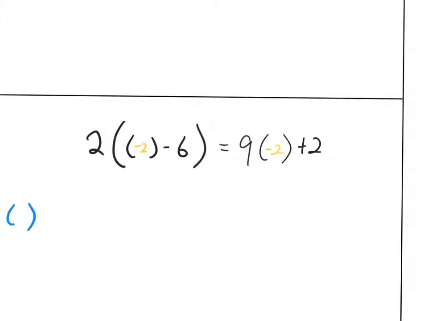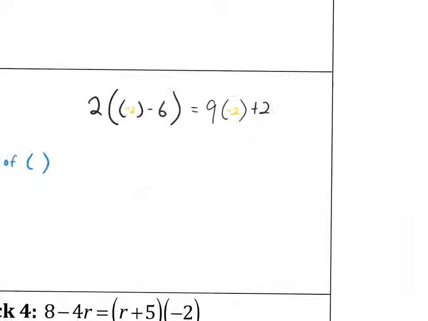-2 in each one there. According to the order of operations, don't distribute first. It's not illegal, but with order of operations, we should deal with the inside of the parentheses first. So the 2 stays outside, and the -2 minus 6 gives you -8. Over here, I can multiply.